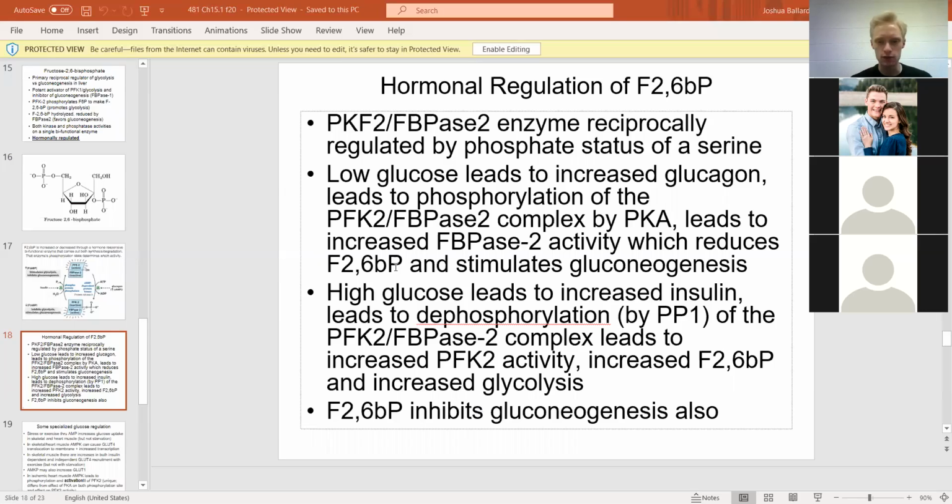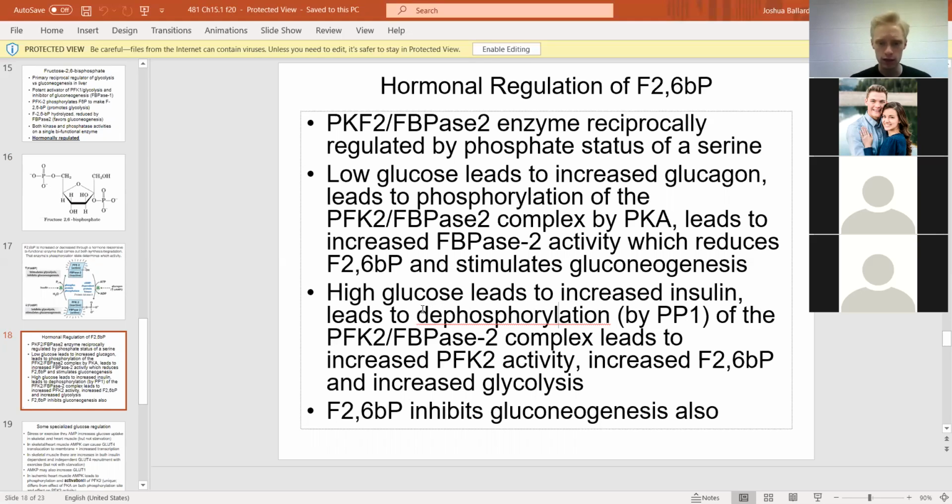As far as those enzymes, it's important to know what activates this complex.